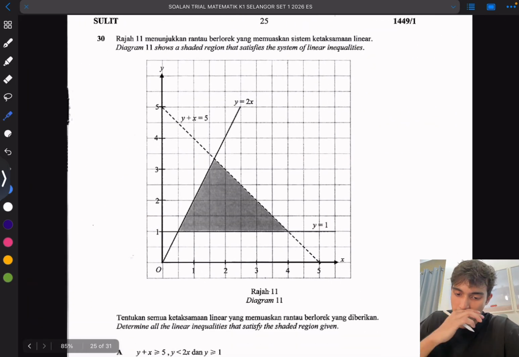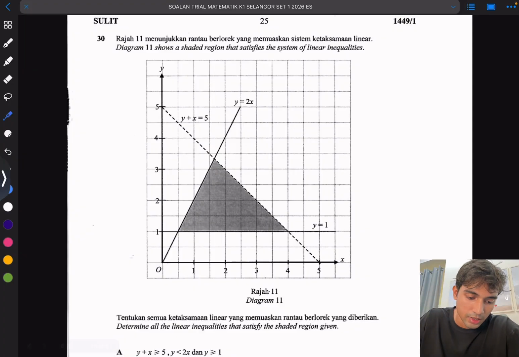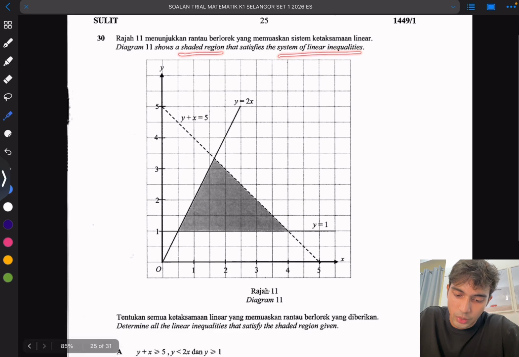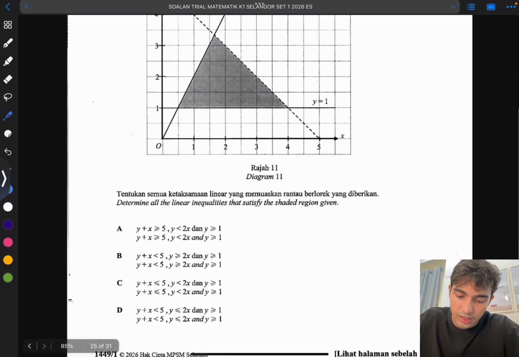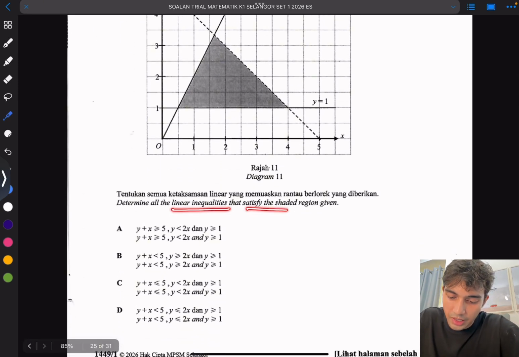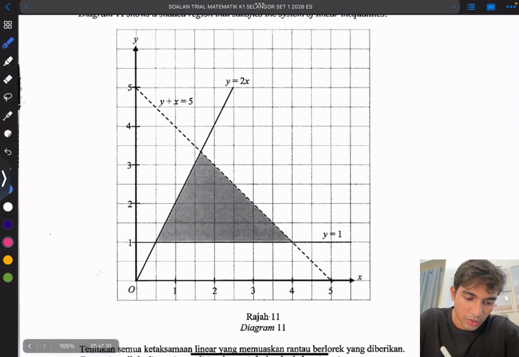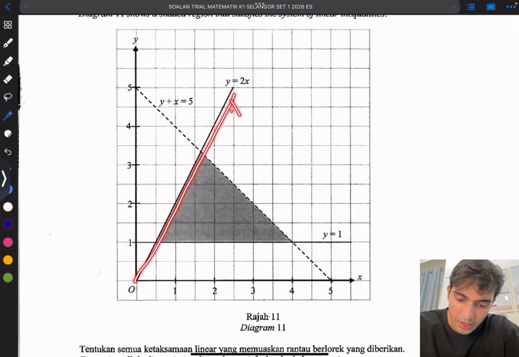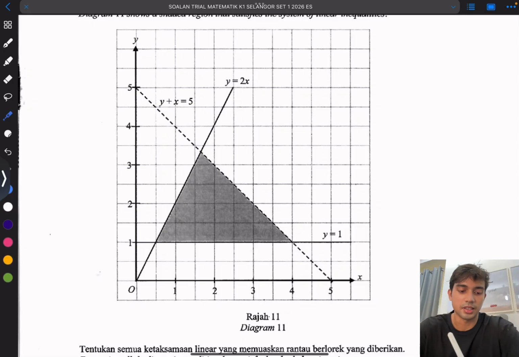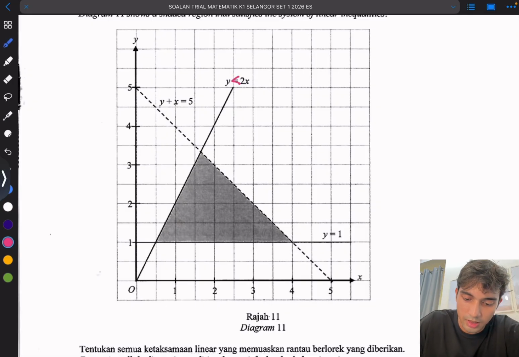30. Alright. Diagram 11 shows a shaded region that satisfies the system of linear inequalities. Okay. Determine all linear inequalities that satisfy the shaded region. Okay. So here we look at this one. This one is underneath the line. Underneath means less than. But since this is a solid line, we must say less than or equal to.